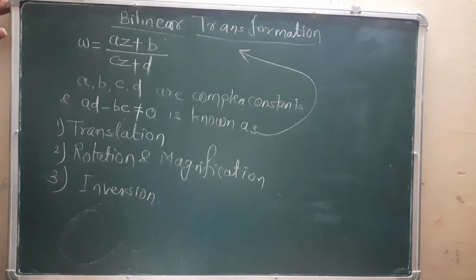So this bilinear transformation is a combination of these three basic transformations, that is translation, rotation and magnification, and one more, that is inversion.